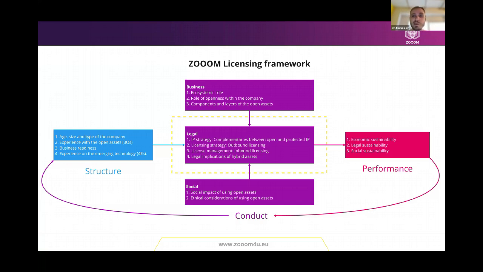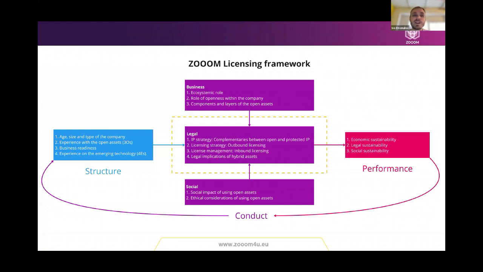So the toolkit is based on a framework that we created in ZOOOM. It's the so-called ZOOOM licensing framework, where we adopt a methodology from social sciences, the so-called structure, conduct, and performance, SCP. So we apply this to our context of companies operating in the open source field, so open source software, open hardware, and open data.